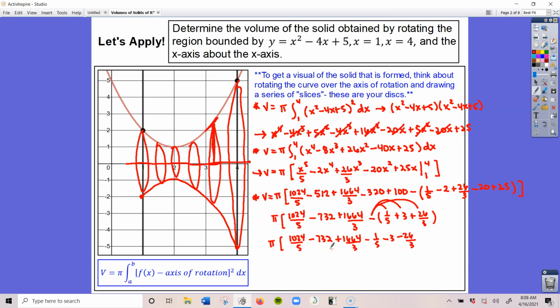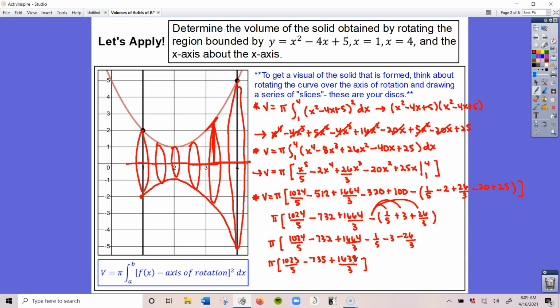Now I'm going to combine what I can. So this 1024 over 5 minus 1 over 5 is going to give me 1023 over 5. This negative 732 minus 3 is negative 735. And then this 1664 over 3 minus 26 over 3 would give me plus 1638 over 3.